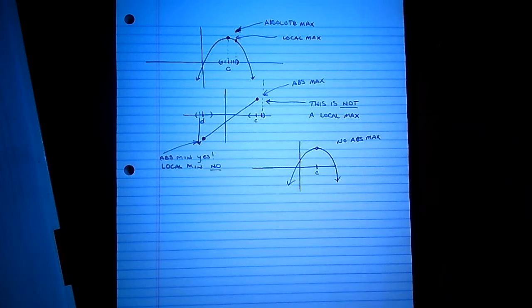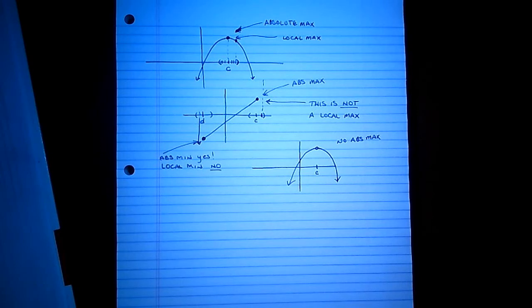The problem with that argument is you can't find the x value right next to c. There is no x value right next to c in the context of being definable as a number. When you find the x value right next to c, and you tell me, okay, this is it, I plugged it into the function, I have a y value, this is the largest y value.